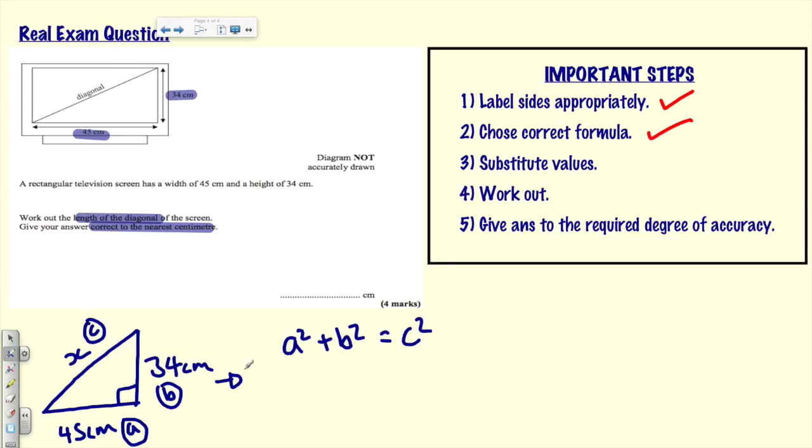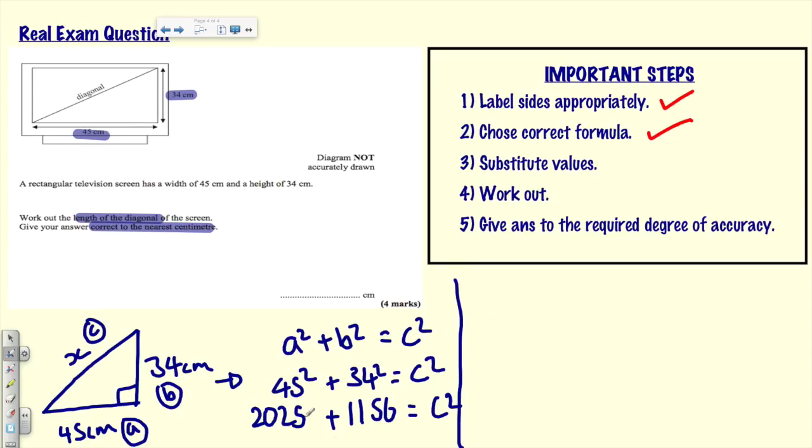Alright, so let's see. 45 squared plus 34 squared equals C squared. 45 squared, as we saw earlier, was 2025, and 34 squared on a calculator is 1156, equals C squared.